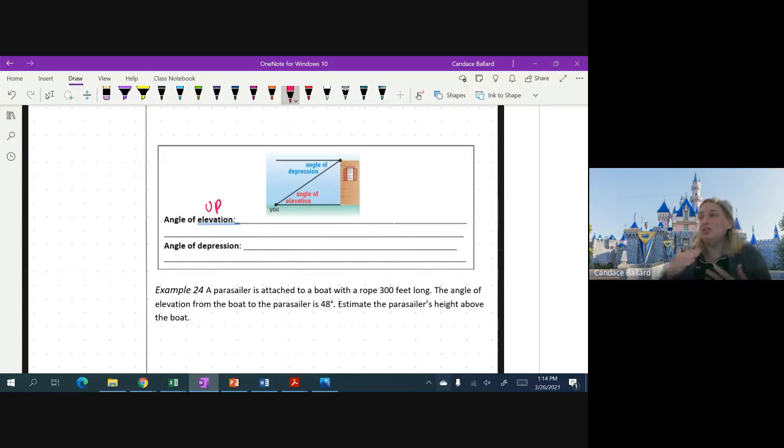Angle of elevation is the angle that goes up, but it goes up in a very specific manner. Okay, so let's write out the definition of this and you'll hopefully pick up on that.